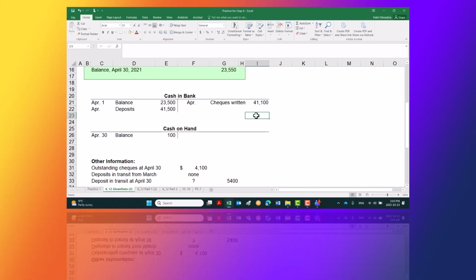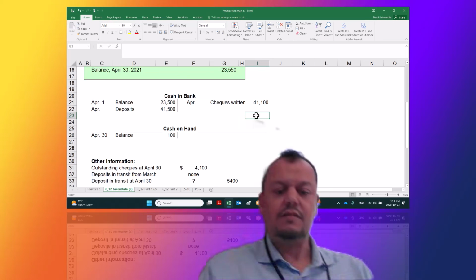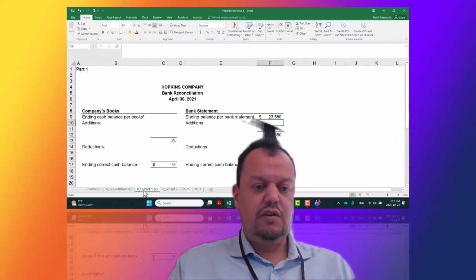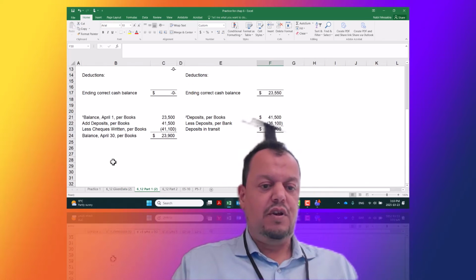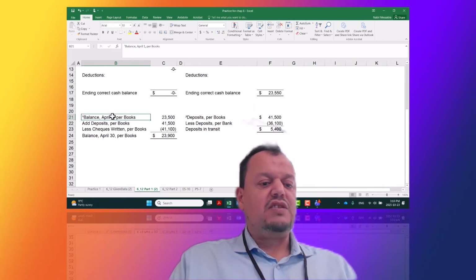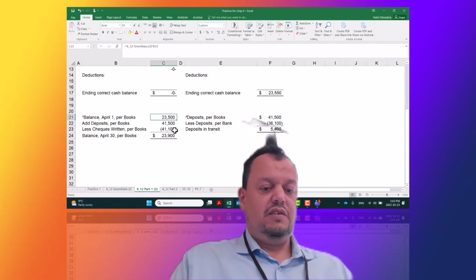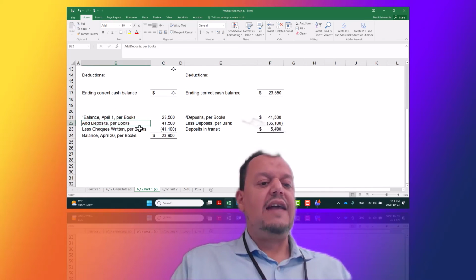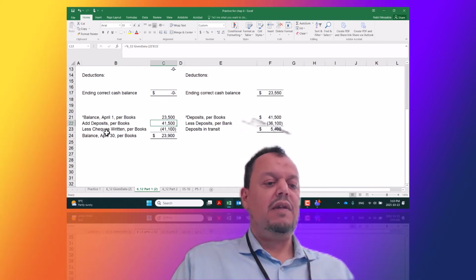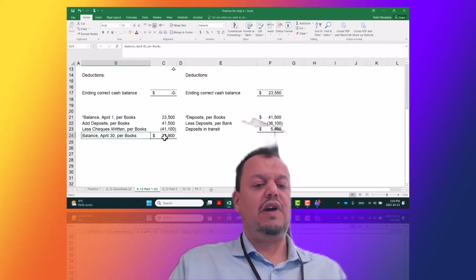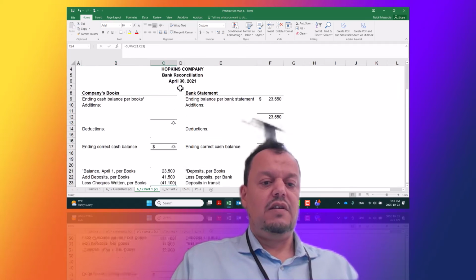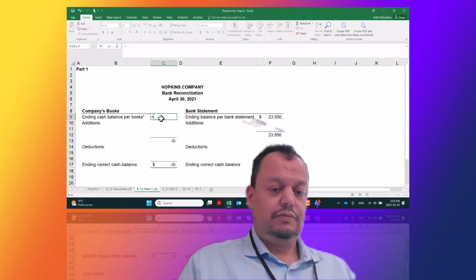Opening balance plus deposit minus checks written. That's it, simply. So we can calculate it here, below. The balance on April 1st, 23,500. Add the deposit per books, less the checks written, so we have the balance 23,900.